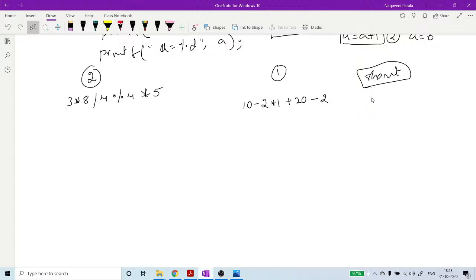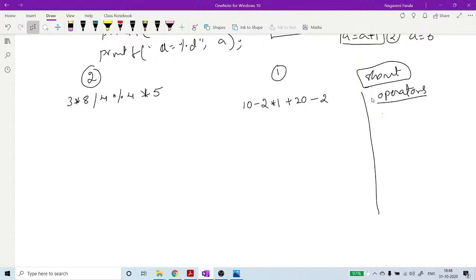First try to evaluate 1. So what are the symbols? Here we need to write what are the symbols involved in the expression. Here there is minus, 2 times is there but we don't write 2 times. So what are the different operators involved in this one?